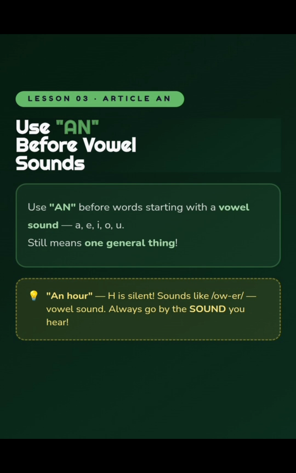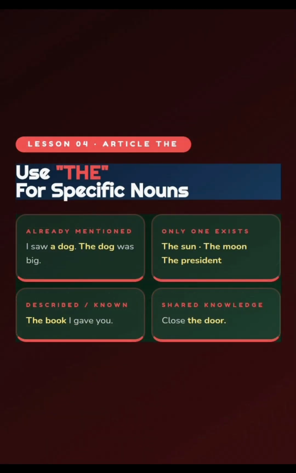Now, here's a tricky one. We say an hour, not a hour. The letter H in the word hour is completely silent, so the word sounds like our, which begins with a vowel sound, so we use an. Always listen to the sound, not the letter you see.